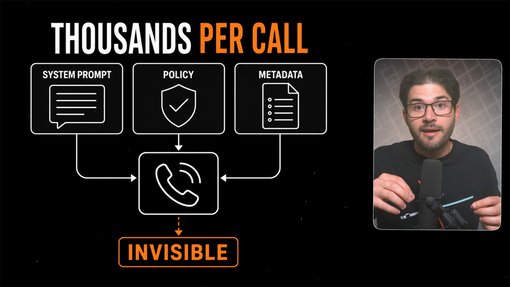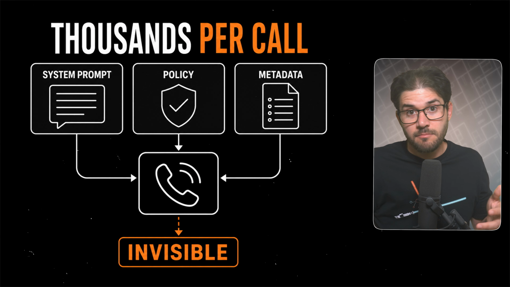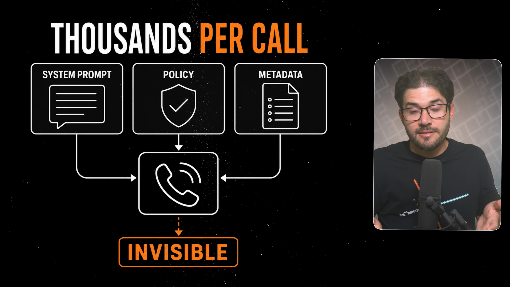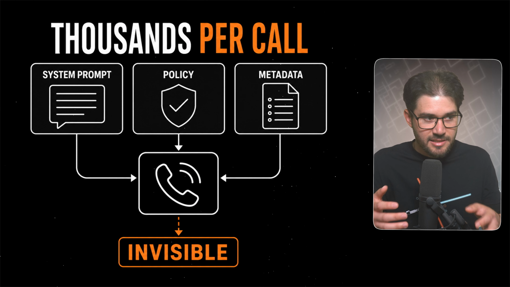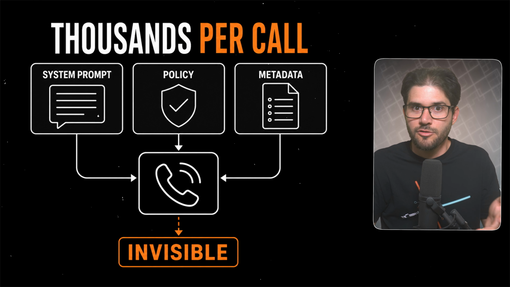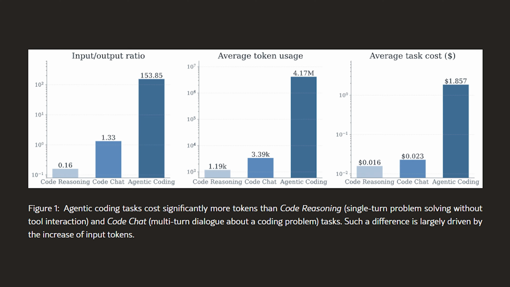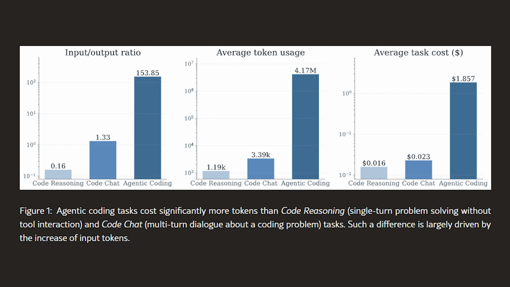System prompts are what says you are a helpful AI assistant. Policy rules say, for example, do not answer harmful questions and these kinds of things. It is basically metadata about the current time, operating system or user. And this can easily add thousands of tokens to every single call you make, and they are completely invisible to you. And by the way, I have made a video about scaffold tokens and harness engineering, so check it out. I will leave you the link in the description down below.